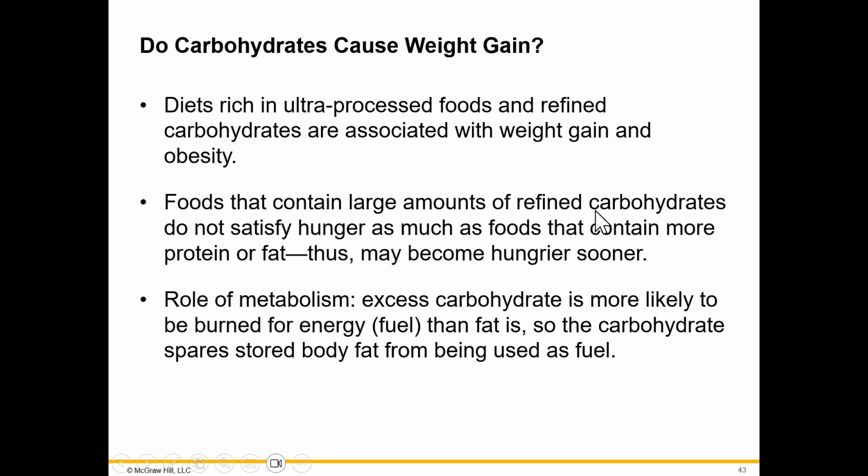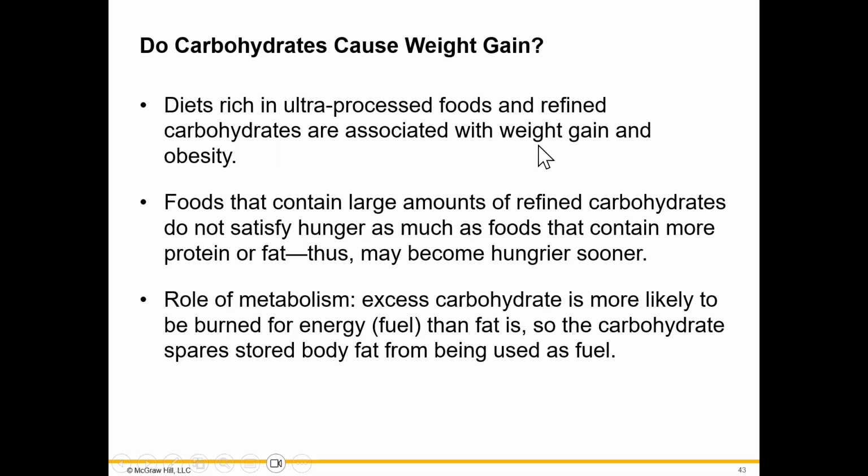Foods that contain very large amounts of refined carbohydrates, meaning those ultra high processed carbs, do not satisfy your hunger because they do not have that fiber. So it goes back to that cycle where you get up in the morning, you eat the milk and the Pop-Tart. 2 hours later, you're starving.